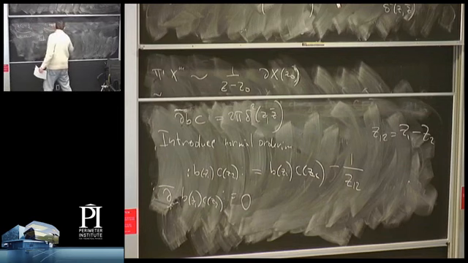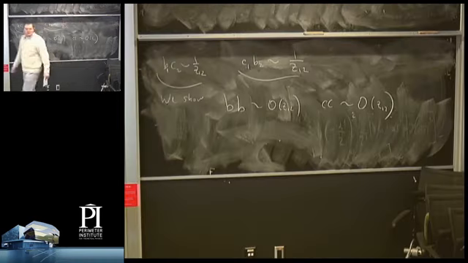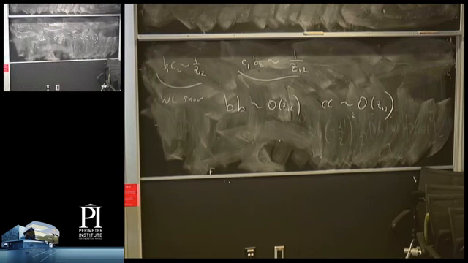So it's order Z12, and then CC is order Z12. So the singularity can never come when we contract the same fields. Okay, so how do I do this?